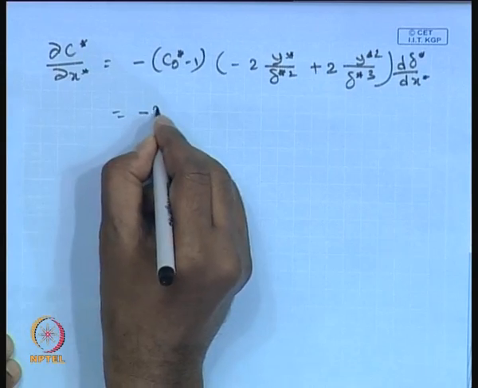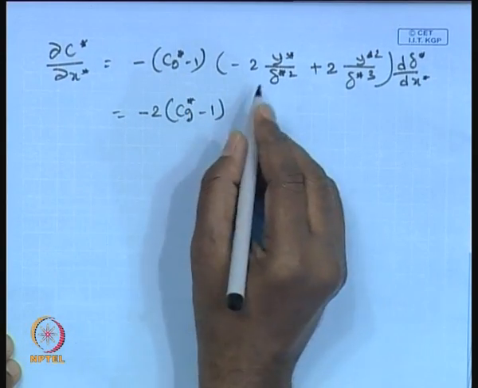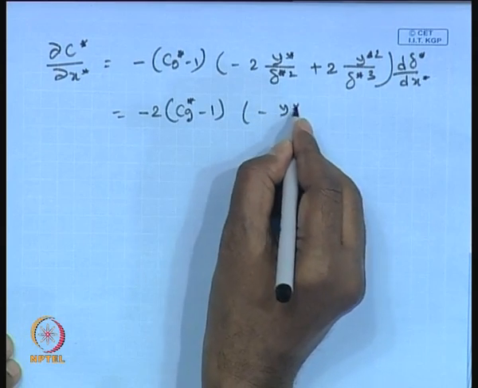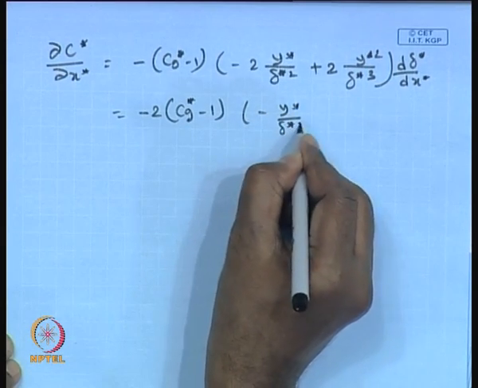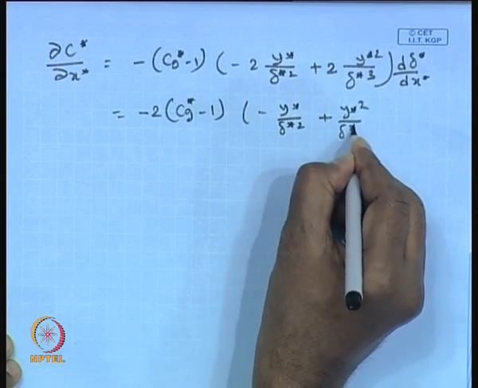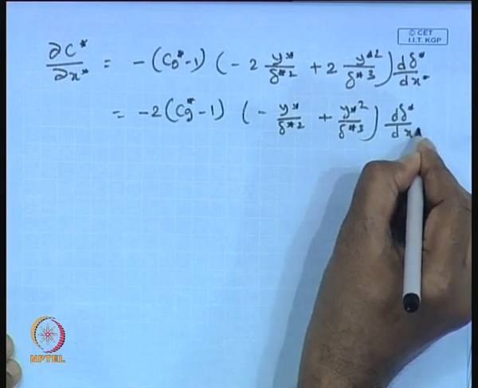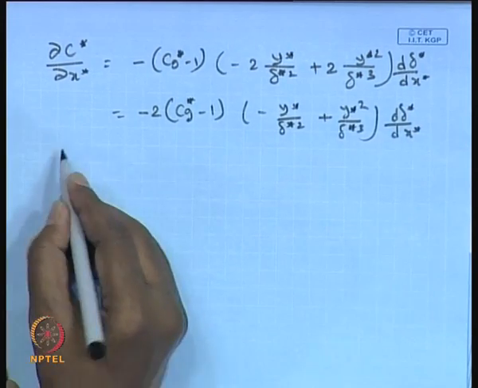This becomes minus 2 Cg star minus 1 times minus y star by del star square, just taking 2 out, plus y star square by delta star cube, times d delta star dx star. That is del C star del x star.